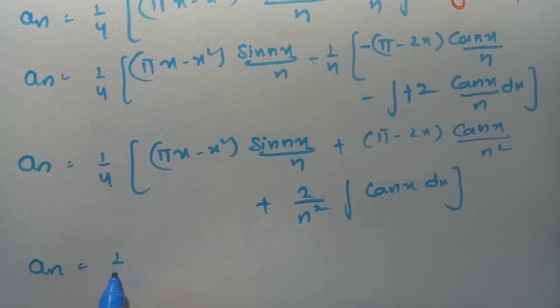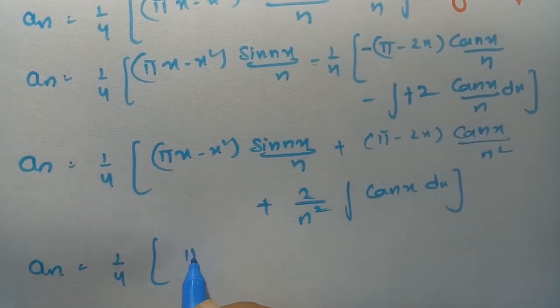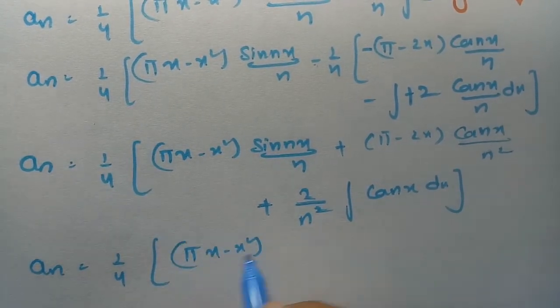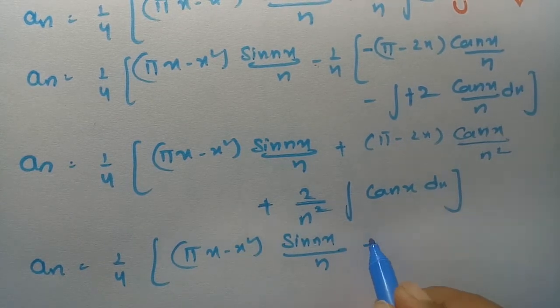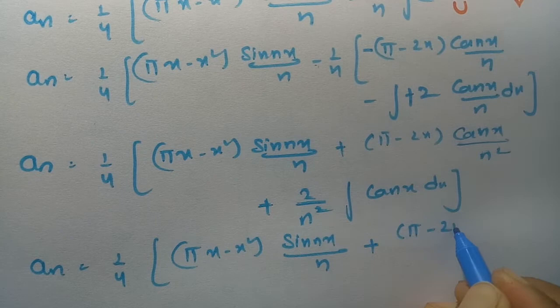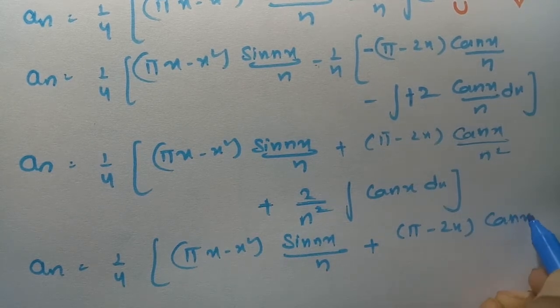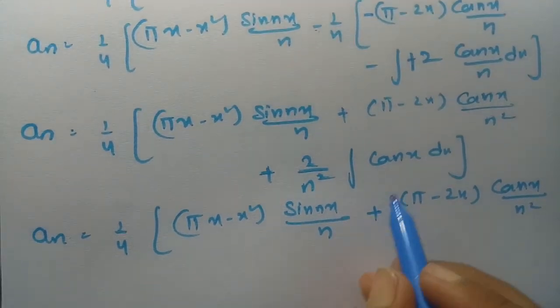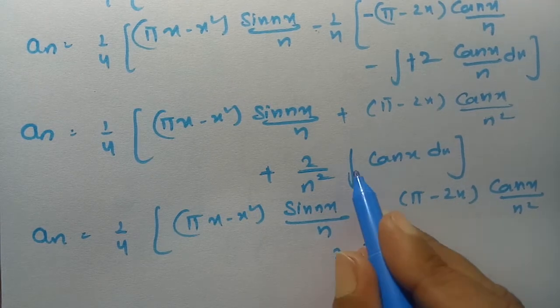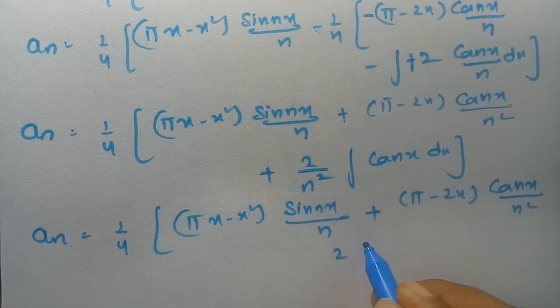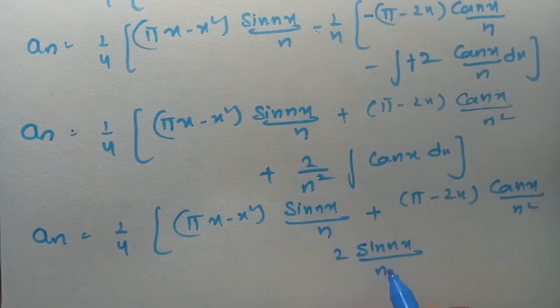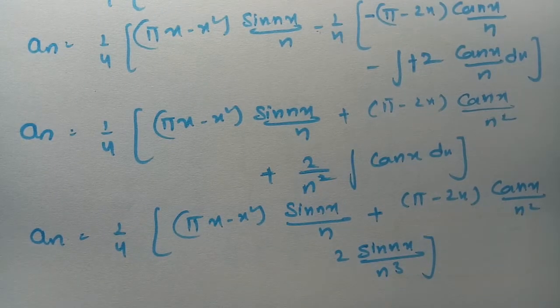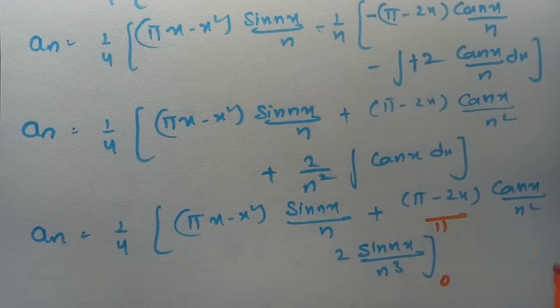So an will be 1 by 4 times of (pi x minus x square) sine nx by n, plus (pi minus 2x) cos nx by n square, and this is 2 times the integral of cos, which is sine nx by n, already there is n square, so this will be n cube, between the limits 0 to pi.